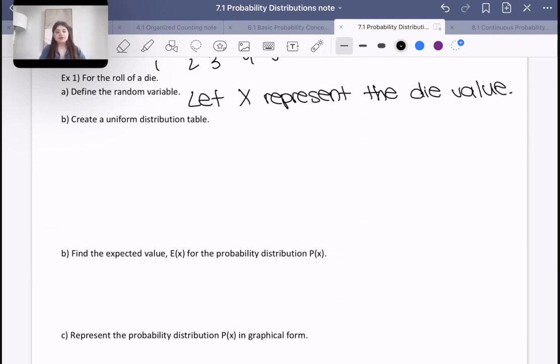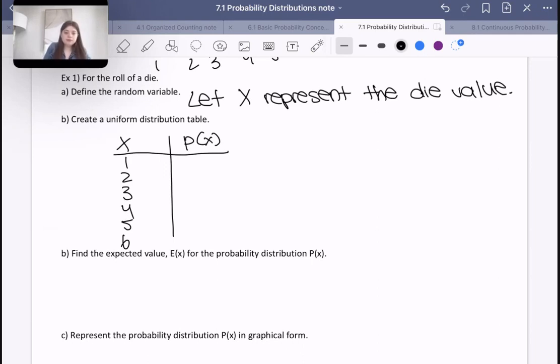Now let's create a uniform distribution table. Here we have x, and what are the possible x values for a die? They're 1, 2, 3, 4, 5, or 6. And what is the probability of rolling a 1? It's going to be 1 in 6. Probability of 2, also 1 in 6, and so on. The probabilities don't necessarily all have to be 1 in 6, but they all have to be the same.